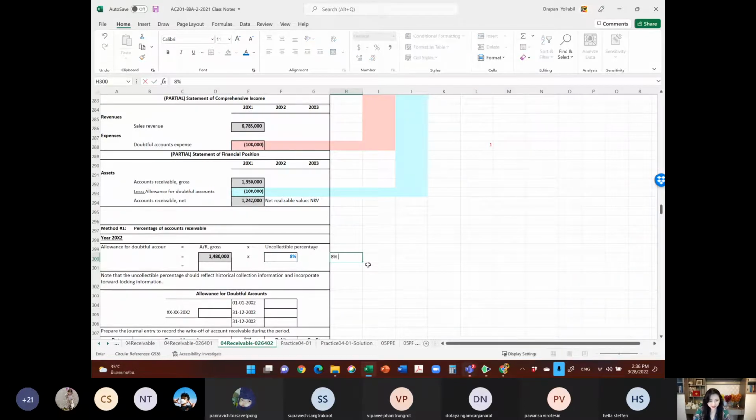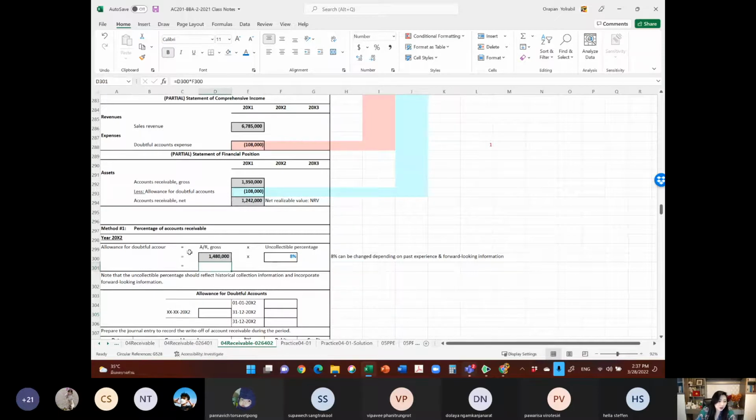This 8% can be changed, depending on past experience and also forward-looking information. So this 8% can change. But for this example, let's keep things simple and say that we want to use just the very same number, which is 8%.